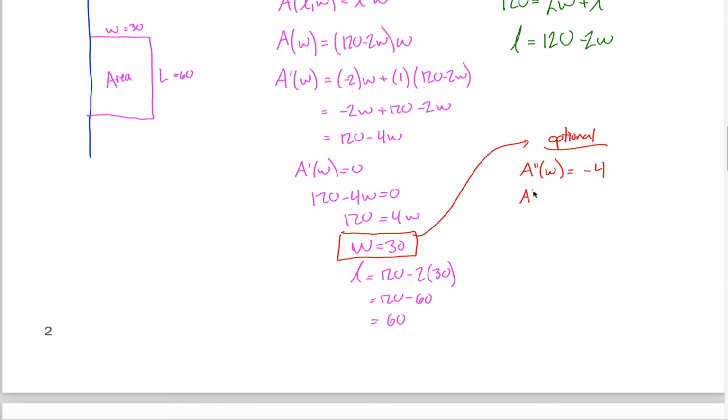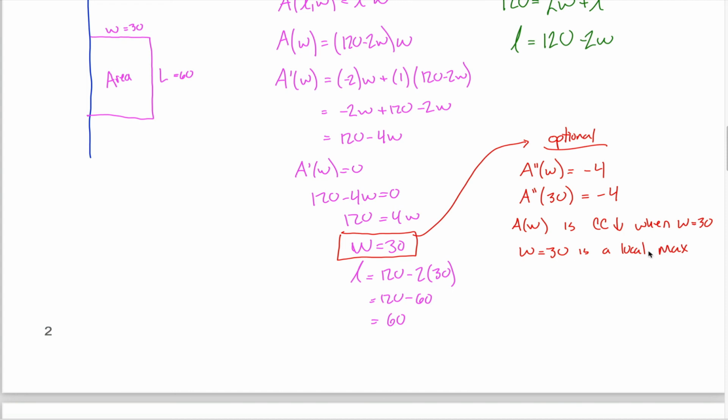If I evaluate that second derivative at my critical value when W equals 30, I get negative 4 because there's no W's over on this side of the equation to change into 30s. What this tells me is that my function A of W is concave down when W equals 30. So because I have a critical value at W equals 30, that means W equals 30 represents a local maximum.